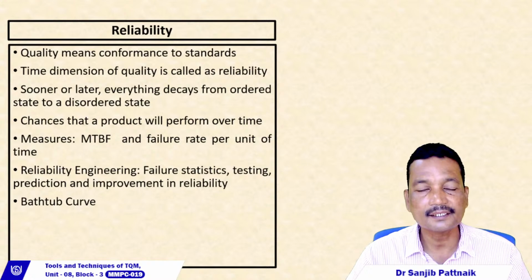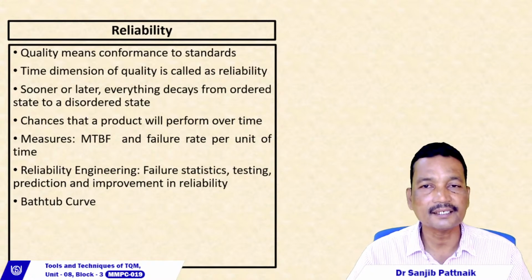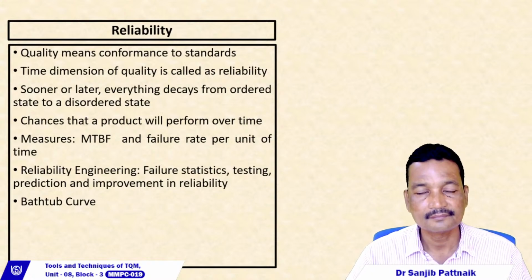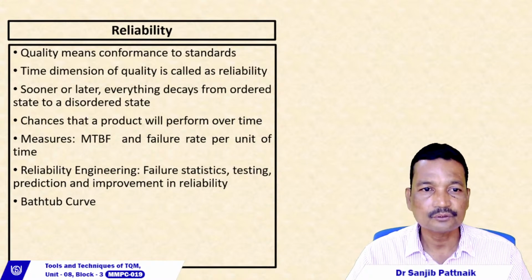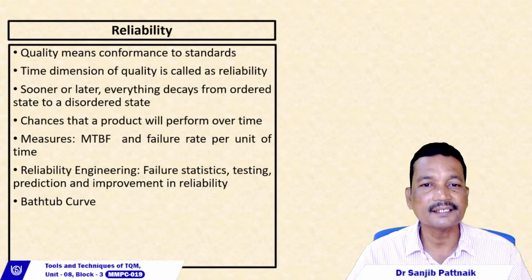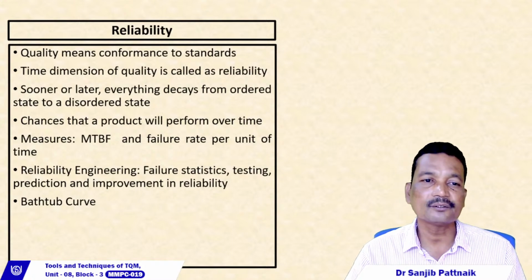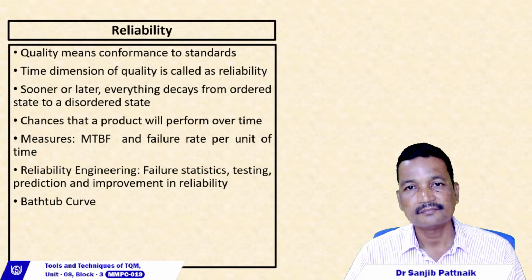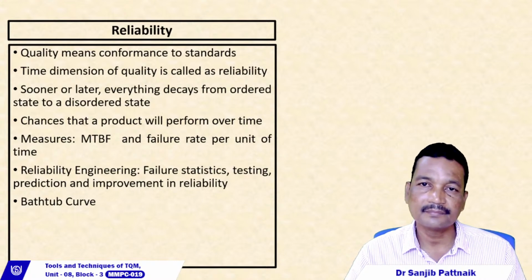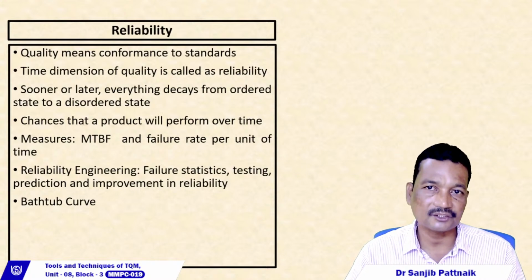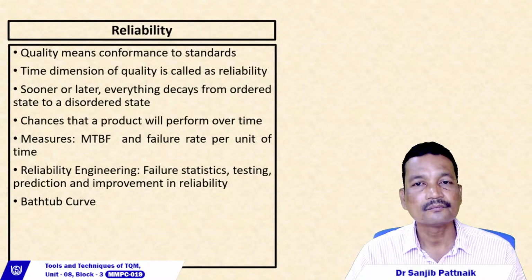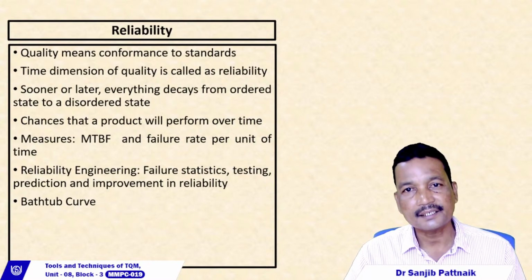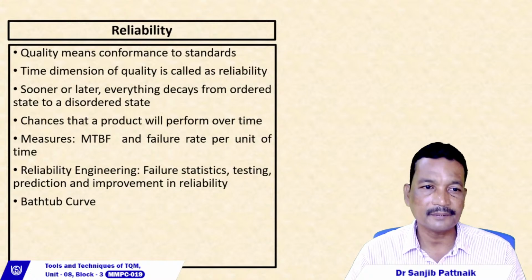What do we mean by that? Now the failures are increasing. So we say sooner or later everything decays from an ordered state to a disordered state. Our vehicles may suffer that disordered state due to the wear and tear during the middle period.